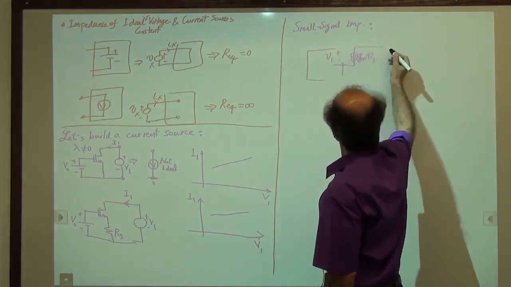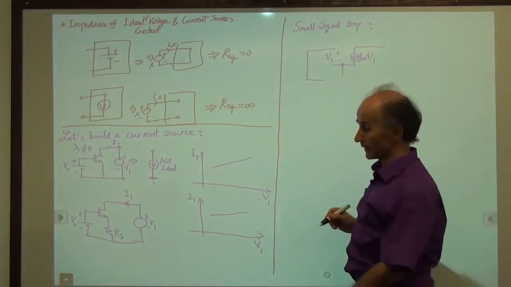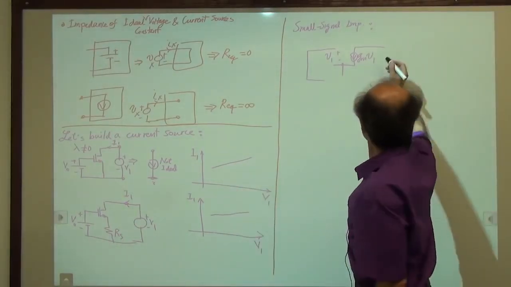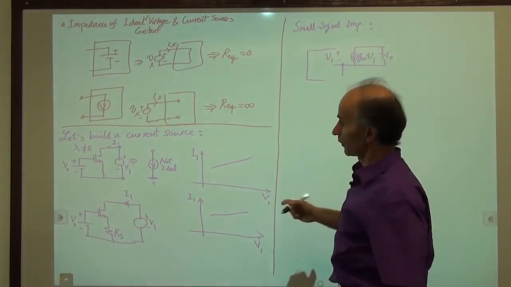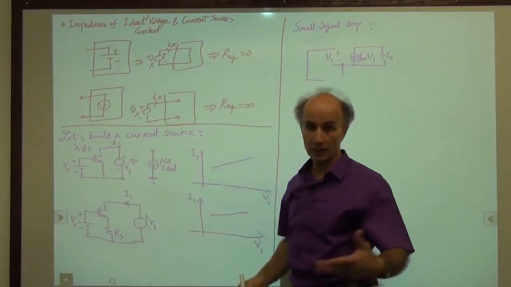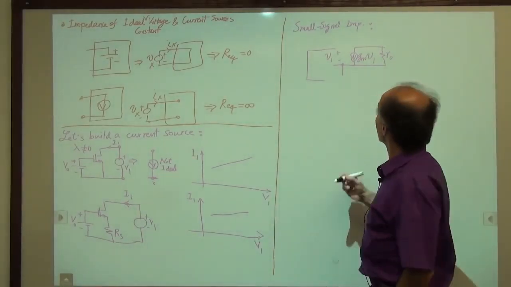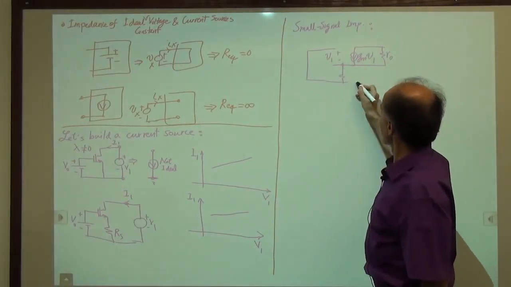That's the source. Now, obviously, if I'm interested in channel length modulation, I do need to include RO here. Otherwise, this would be infinite impedance, this would be infinite impedance, which doesn't make a lot of sense. And then we have RS.